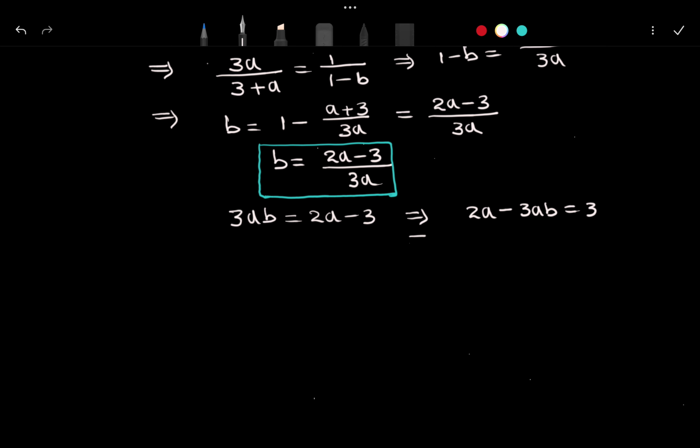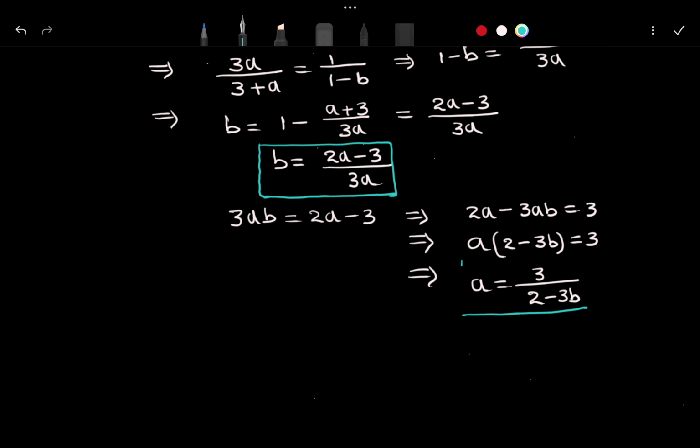Now here you take a as common: a into (2 minus 3b) is equal to 3. From this value you can write a is equal to 3 divided by 2 minus 3b. So what is the a value? The a value will be 3 divided by 2 minus 3b.